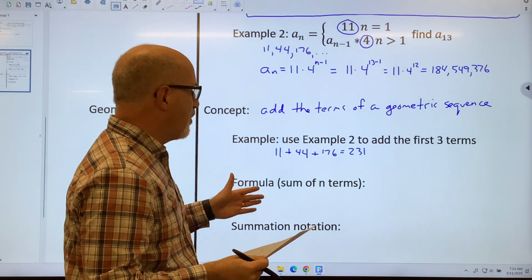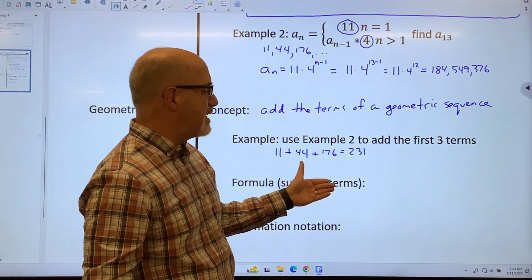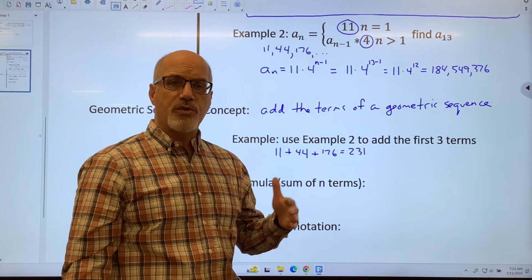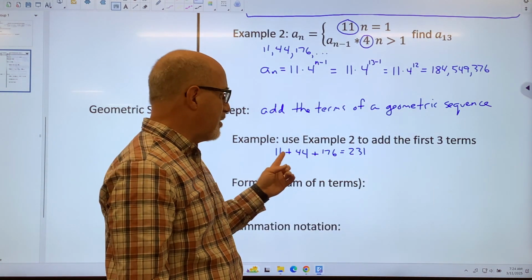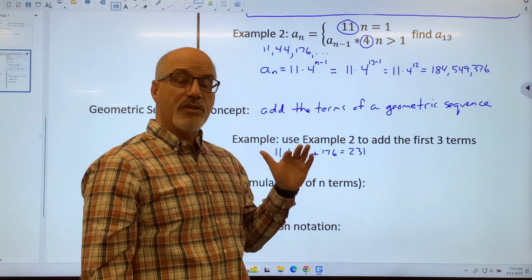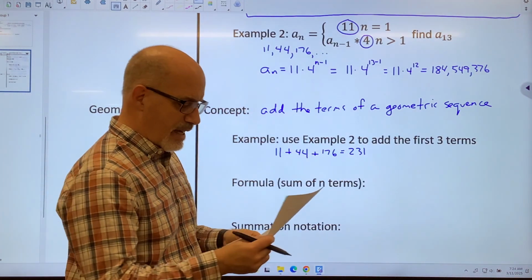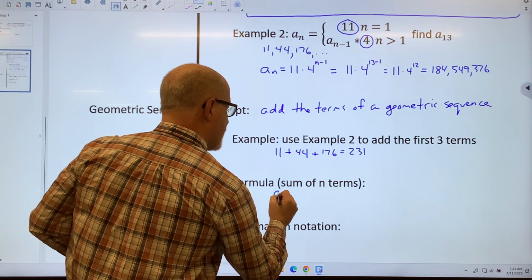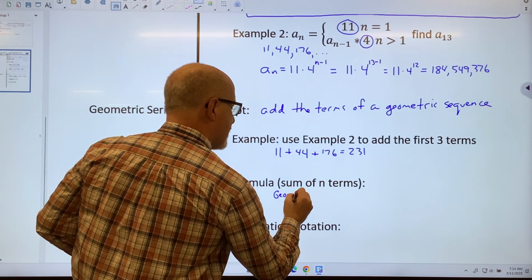So first of all, we have a formula that allows us to add the first n terms. Like if you wanted to add the first 20 terms, it might be a little bulky to do this process out to the 20th and add them all up. So there's a formula that can help us with that. And that formula is for the sum of n terms for a geometric series.